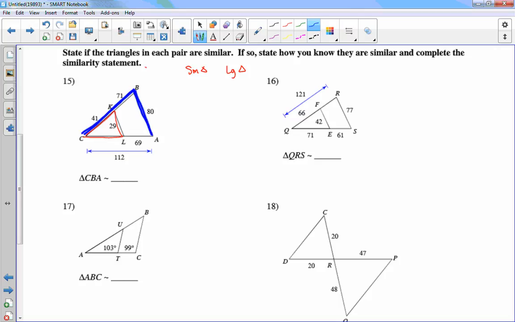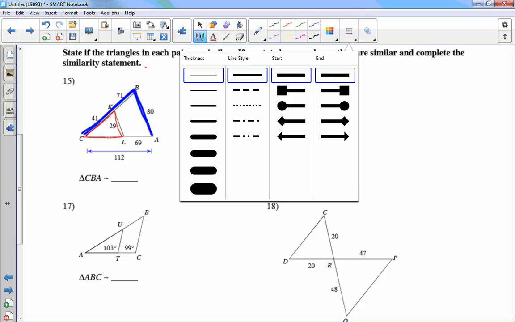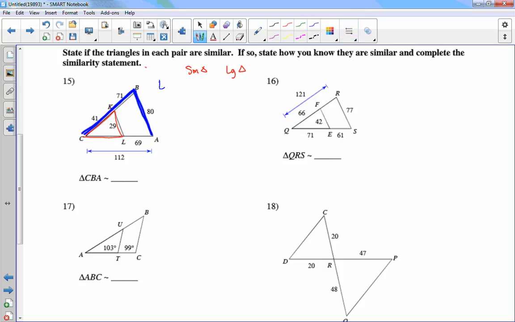Let's use the left diagonal and the right diagonal. We can't use the base because we don't know the base of the smaller triangle. So, just like our last story problems, fill in the blanks.